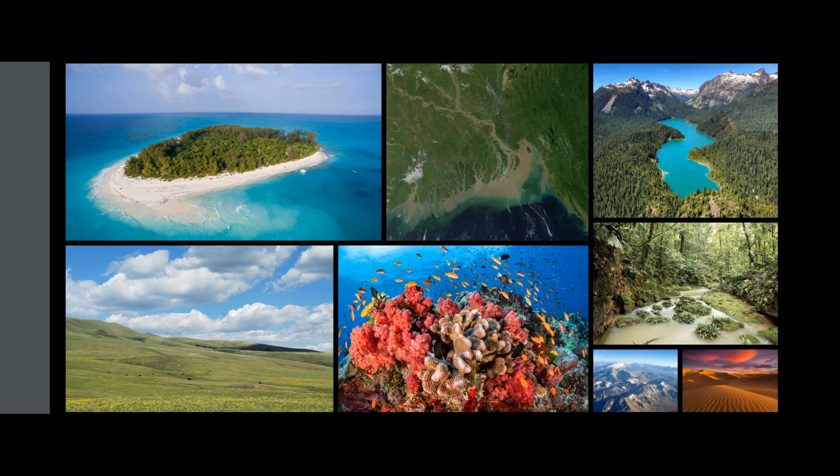Earth has many landscapes, and the more a planet contains landscapes like the ones we see on Earth, the higher it is ranked on an Earth-like scale. So, for example, if it has landscapes such as plains, islands, river deltas, coral reefs, lakes, rainforests, mountains, deserts, then it would be more Earth-like.